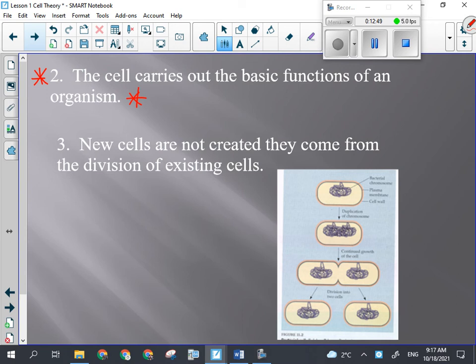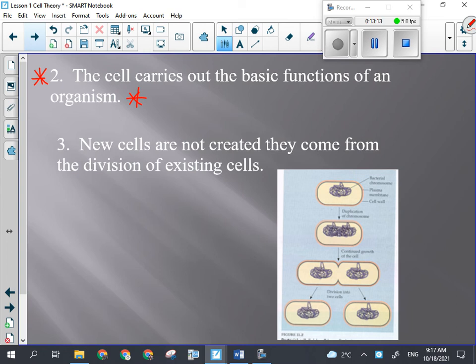Every cell in your body now is a descendant of that first cell. That's why in the Catholic Church we believe that life begins at the moment of conception. There's a scientific backing for that. All of the genetic potential for you is present the moment you're conceived. That's why the Catholic Church believes it.